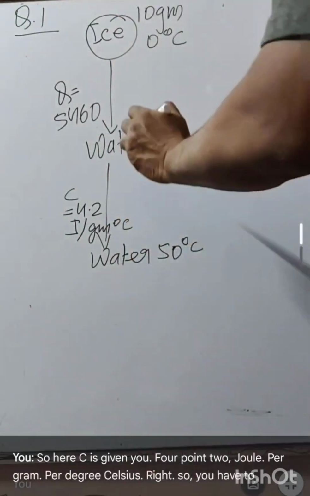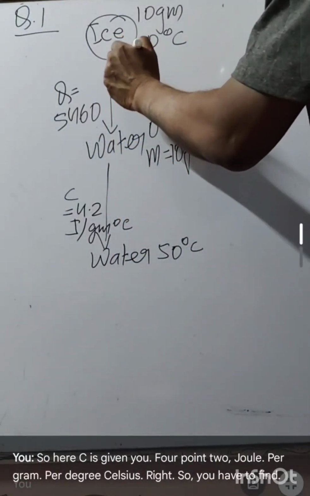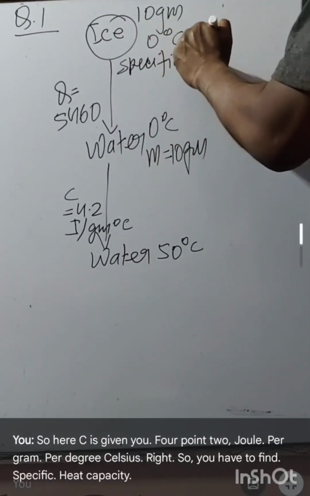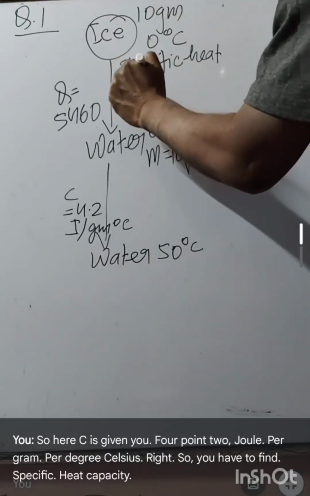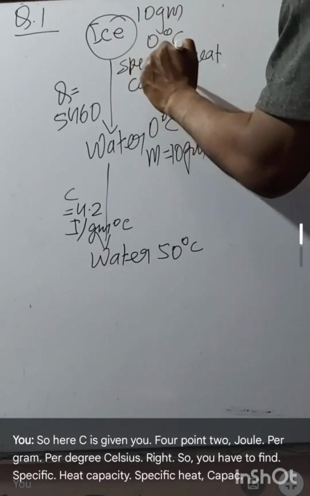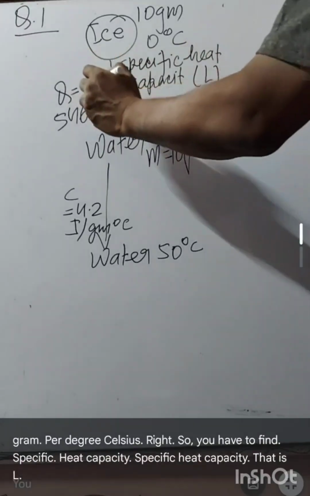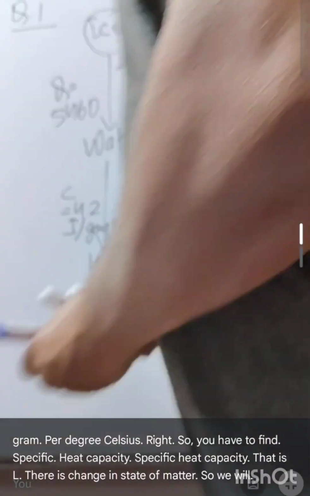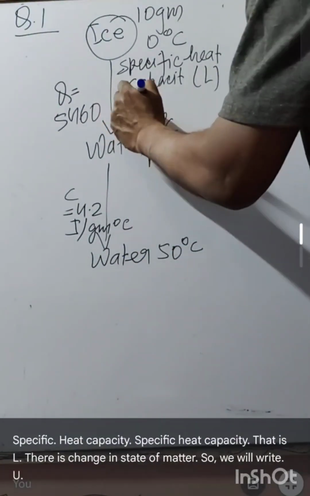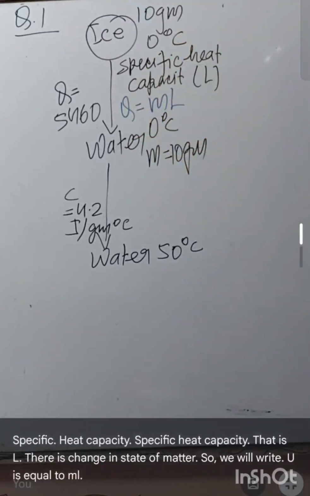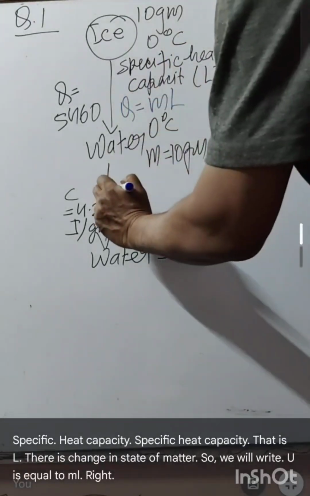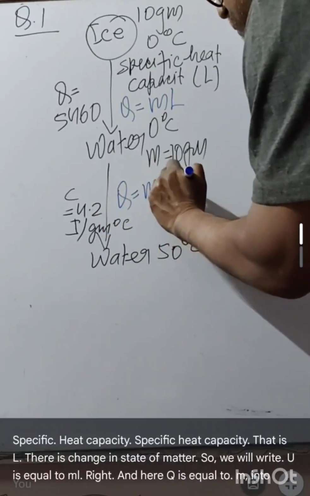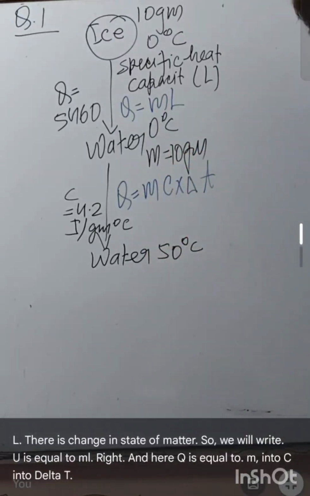So you have to find specific latent heat, that is L. There is change in state of matter, so we will write Q is equal to ml, right? And here Q is equal to m into C into delta T, right?